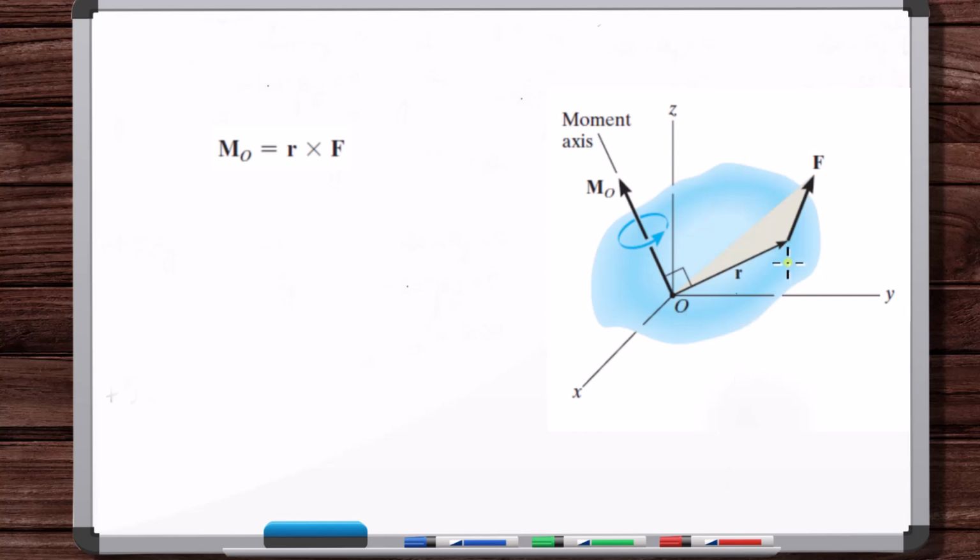And so for this scenario, when you're talking about the moment of a force about a point, the force is a sliding vector in that context, because you can move the force anywhere along its line of action, and R cross F is the exact same. It doesn't change no matter where F is along its line of action; the moment of F about the same point is the exact same.